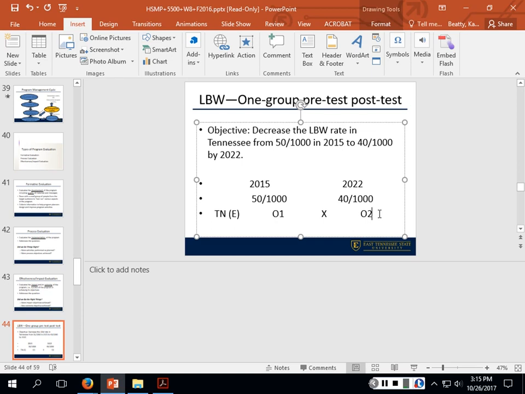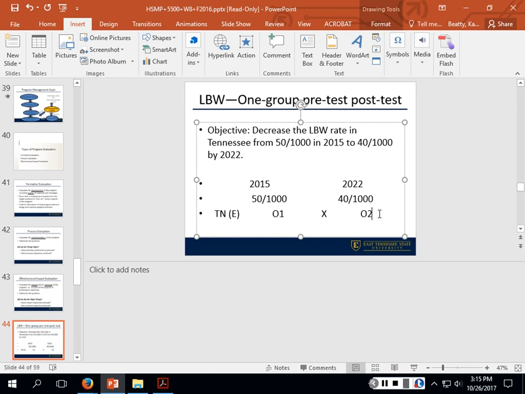For your process objectives, your short-term objectives, this will be fine because it's easy, simple, and inexpensive. But for your long-term objectives, you would want to use a stronger design that produces more valid findings. Okay? So we can improve on this design by, again, adding a comparison state.